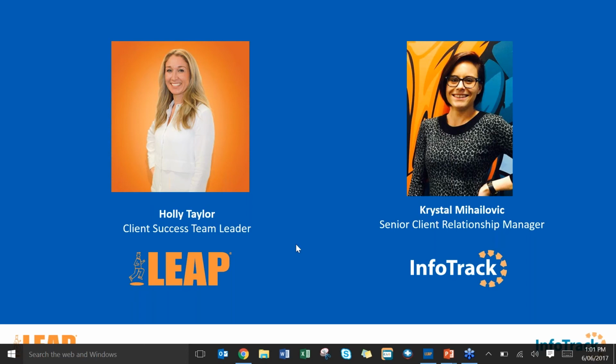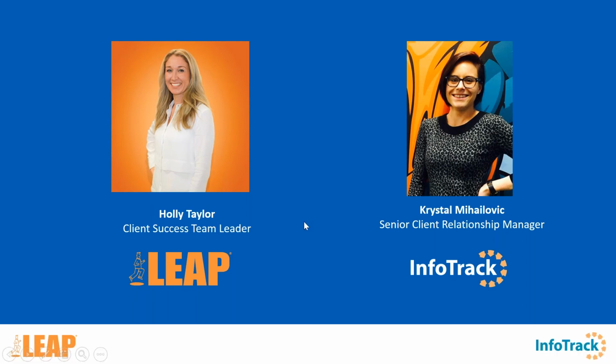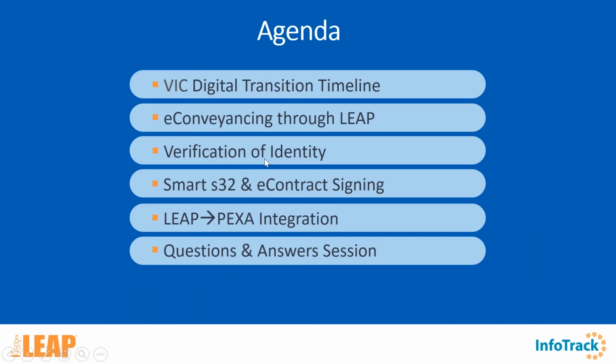So let's look at the agenda and what we're going to have a look at today. A brief overview of what we're going to be covering today. Firstly, we're going to be looking at the Victorian eConveyancing timeline, and Crystal's going to talk us through these important dates. Crystal will then give us an overview of how you can verify your client's identity using the LEAP mobile app and the integration with Identify.